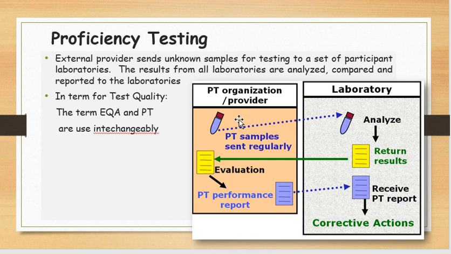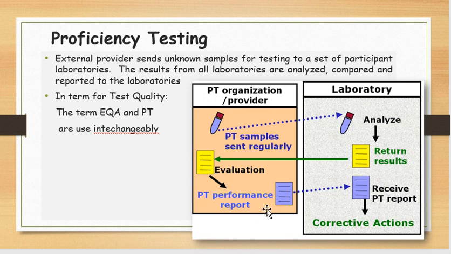So what happens is there is a proficiency testing organizer or provider that will provide the PT sample and send it regularly to the laboratory. The lab will analyze it and then return the result. The result will be accepted by the PT provider, and then they will evaluate the results that they receive from many laboratories and come up with the performance report.